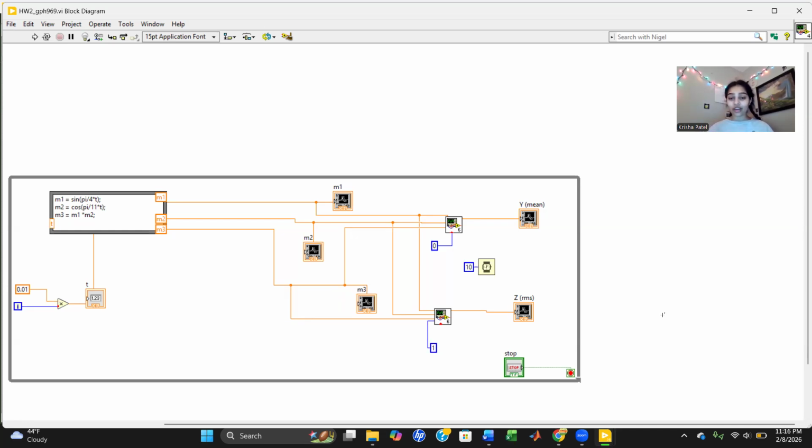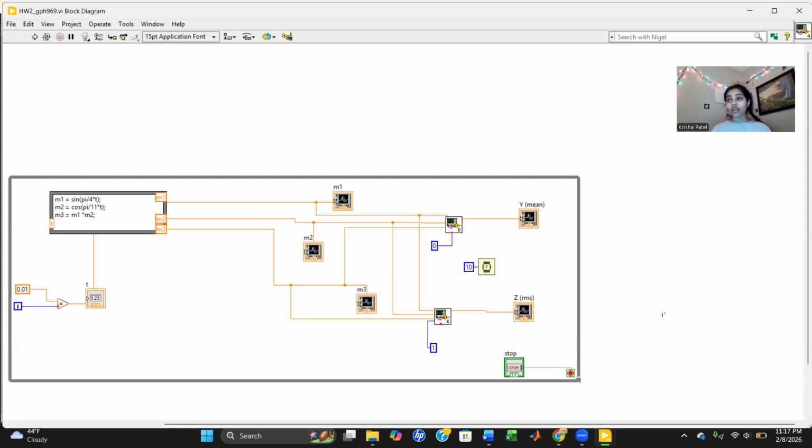The two sub VIs each have 4 inputs and 2 outputs. I'm only using one output for this case for simplicity, but our 4 inputs are M1, M2, and M3. And then for our mean, we have a constant block of 0, and for our RMS, we have a constant block of 1.